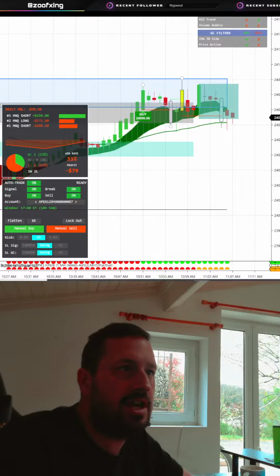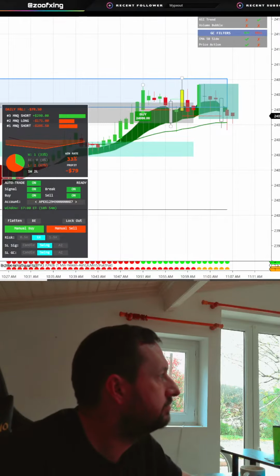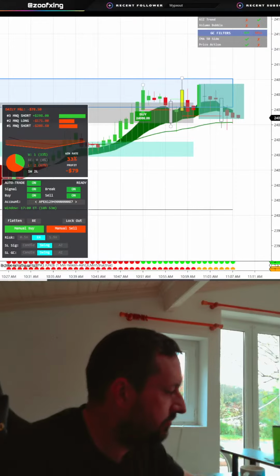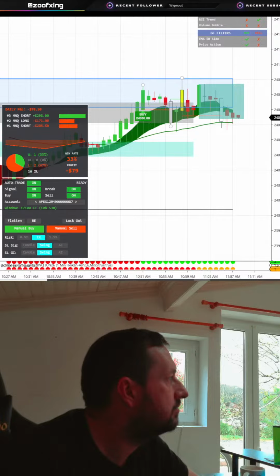Could be another doji hour. We've still got quite a few things that we need for a sell signal.